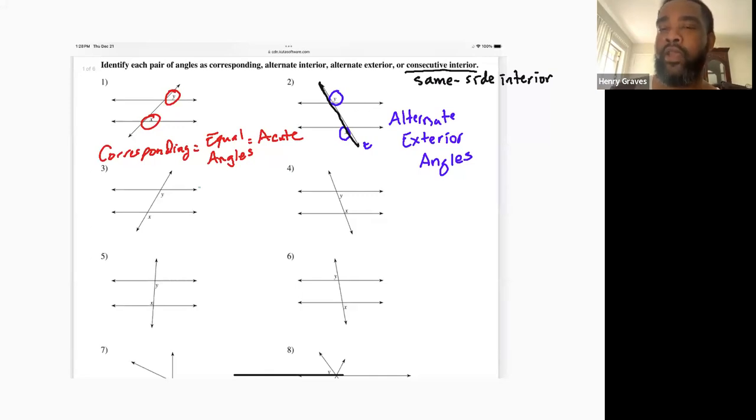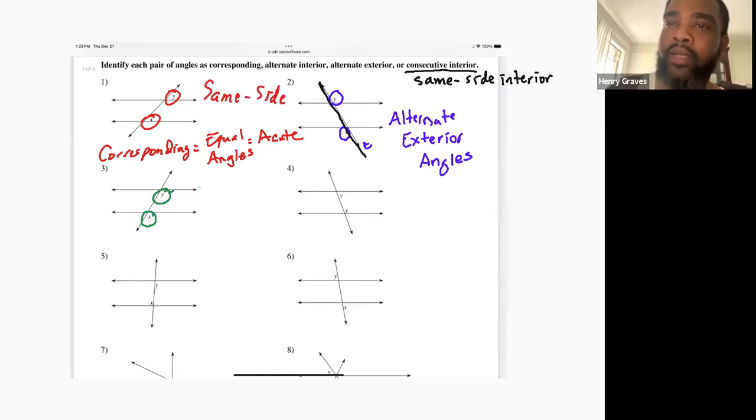Then for number 3, it's just a little bit different. You have one on the inside, one on the outside. These are actually going to be on the same side, right? So actually, you could have also done number 1 as same side. These are just same side angles as well, because they're literally on the same side. And so is number 3. Number 3 is also on the same side of the transversal.